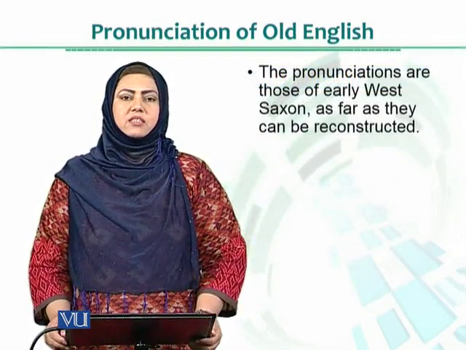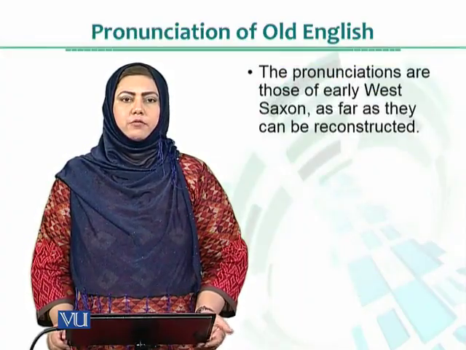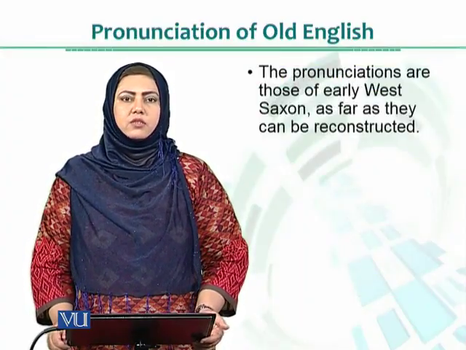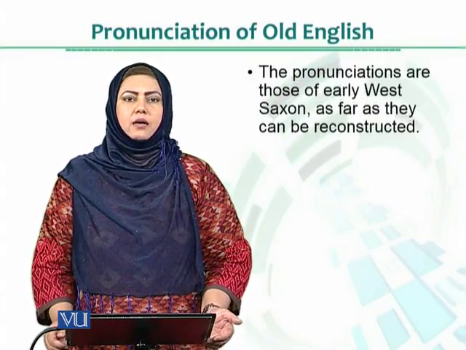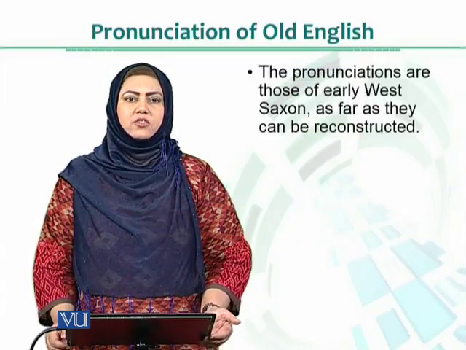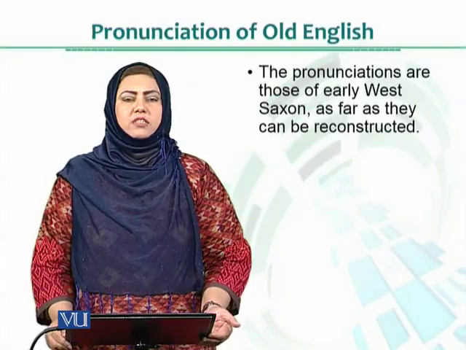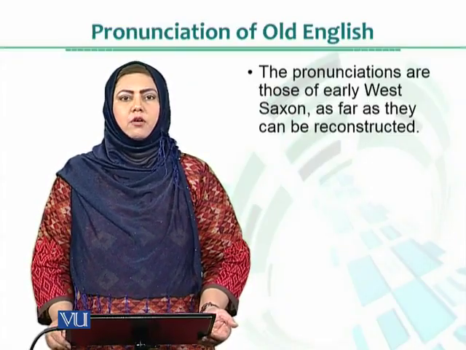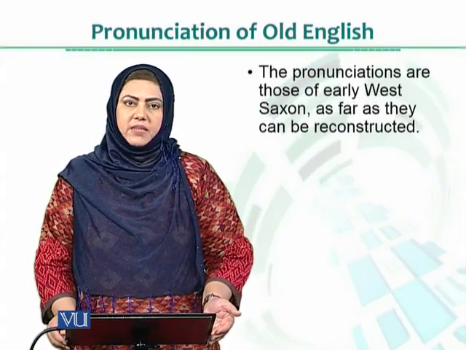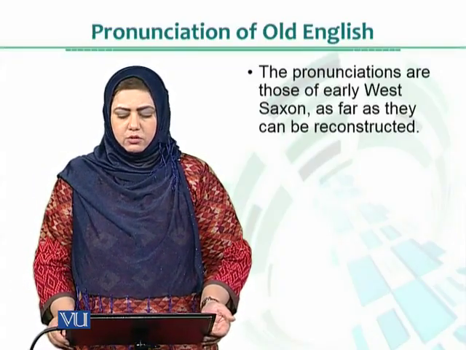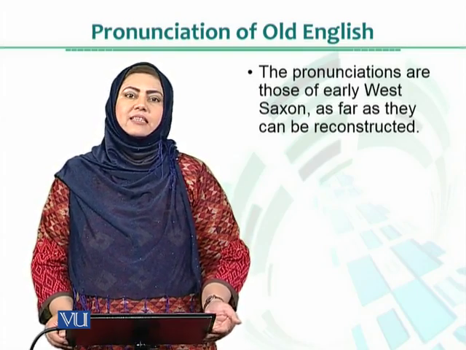So, my dear students, the purpose of showing you these slides with the pronunciation symbols of vowels in Old English was to make you familiar with how they are represented, how they are shown as symbols in Old English, and also to give you some examples of how they are pronounced. The pronunciations that I have used here as examples are those of early West Saxon, as far as we can reconstruct them.